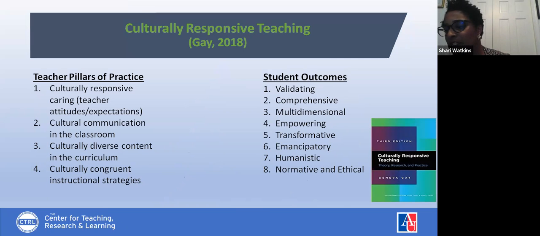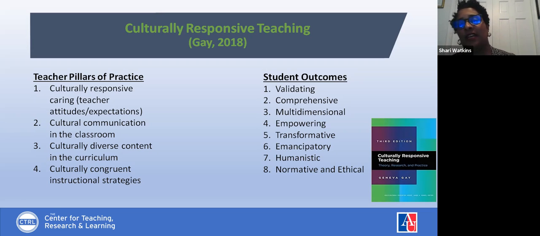For many of us, we will say I use culturally responsive or culturally relevant or anti-racist. But some of us are engaging in these practices and may be unfamiliar with the frameworks associated with describing them. And that's okay.